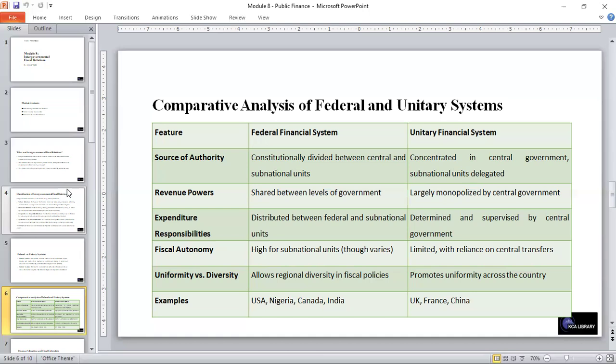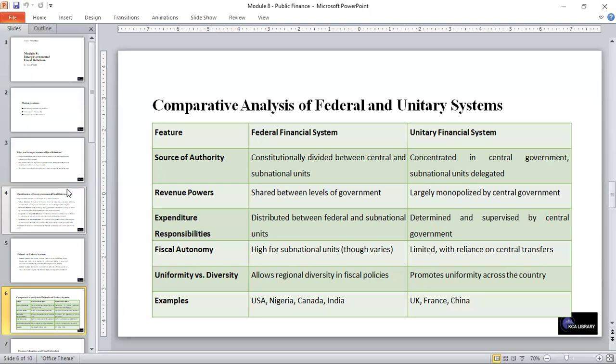For the unitary financial system, you see that it's actually a central one. So the source of authority is concentrated in the central government, and the subnational units are delegated, compared with the federal, which is between the central and the subnational. As per the revenue power, it's largely monopolized by the central government. Expenditure responsibilities are determined and supervised by the central government.